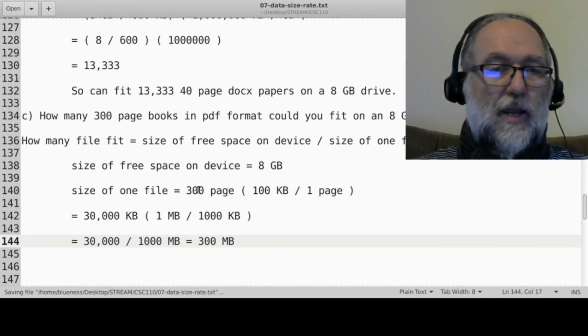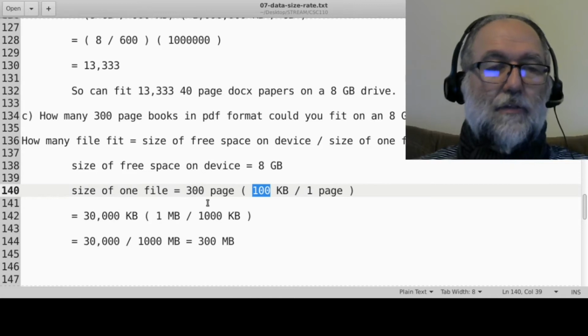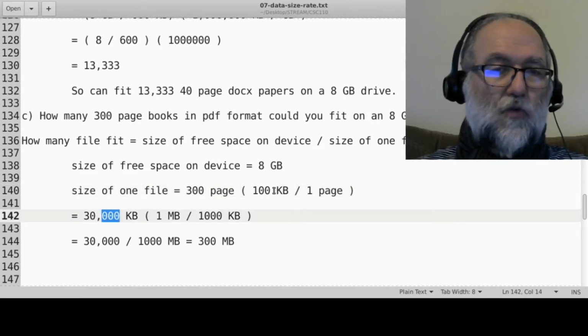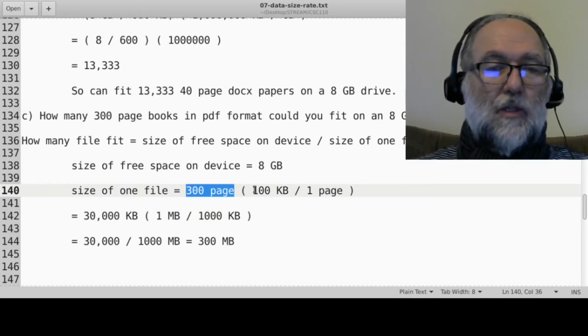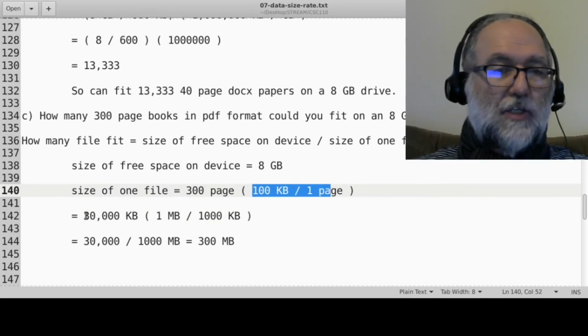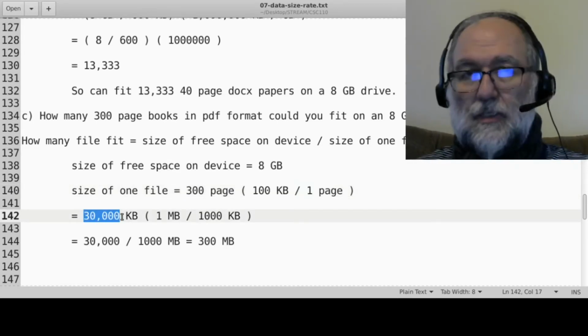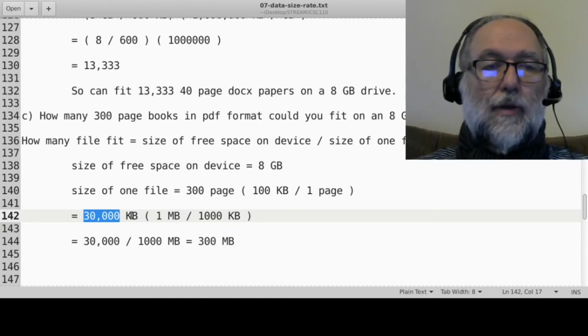Okay, so right, because 300 times 100 is not 300,000, it's 30,000. One, two, three, four zeros. So 300 pages multiplied by 100 kilobytes per page is 30,000 kilobytes.